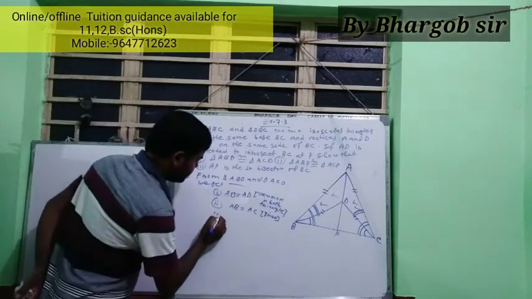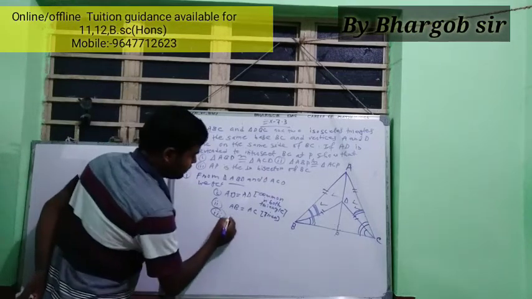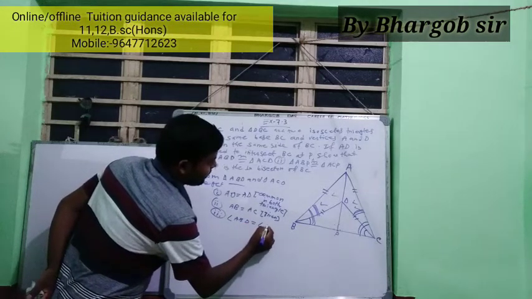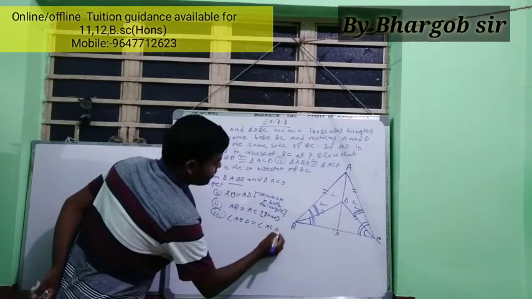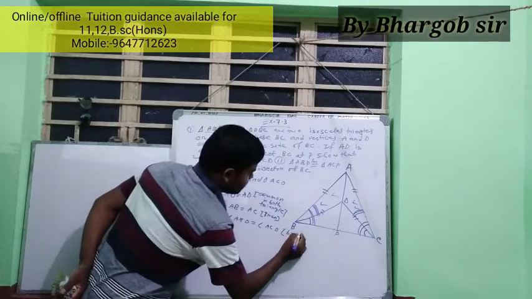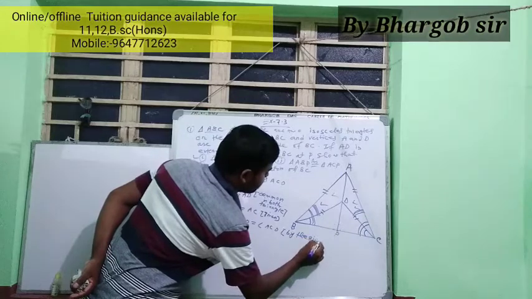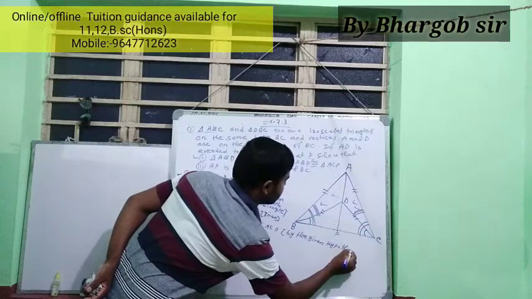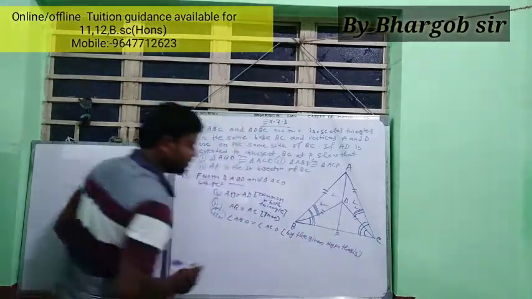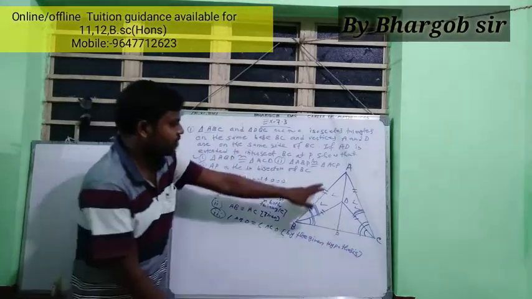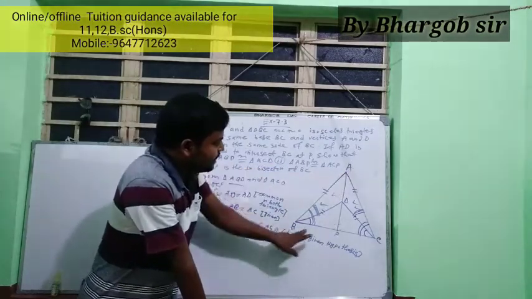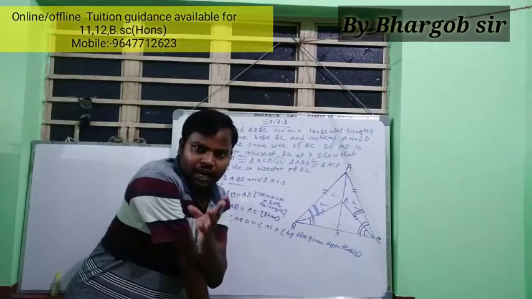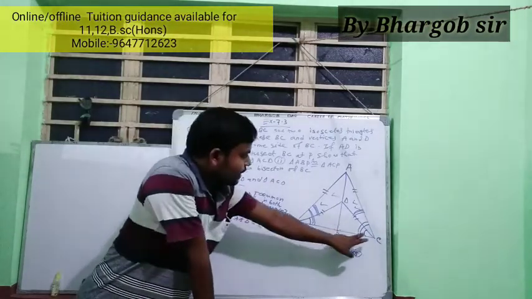So number 3, we can write angle ABD equals angle ACD by the given hypothesis. What is the given hypothesis? Because the big triangles ABC and DBC are isosceles, this angle and this angle will be the same.